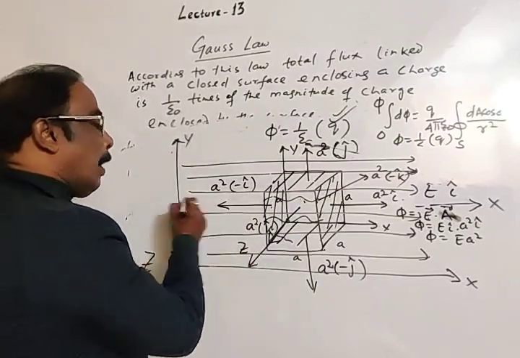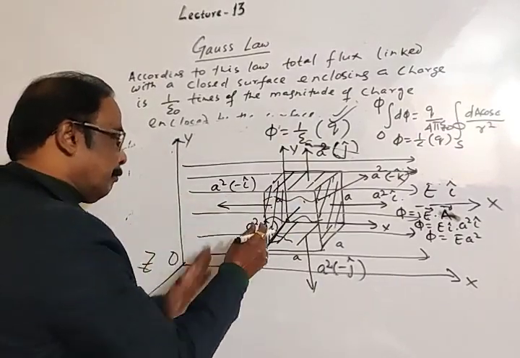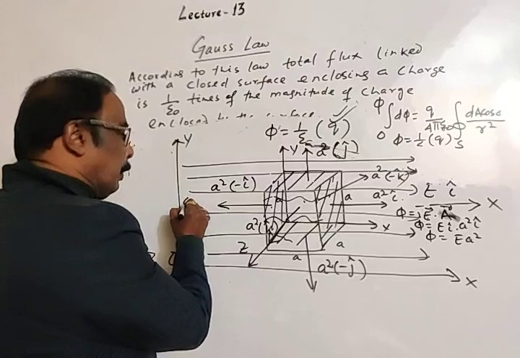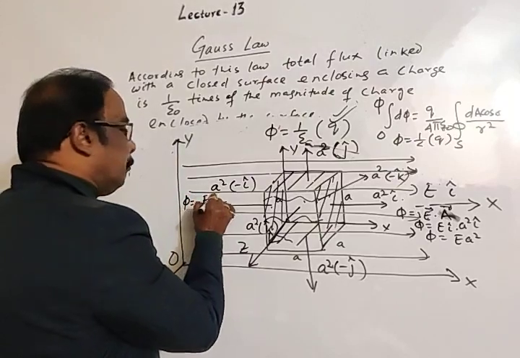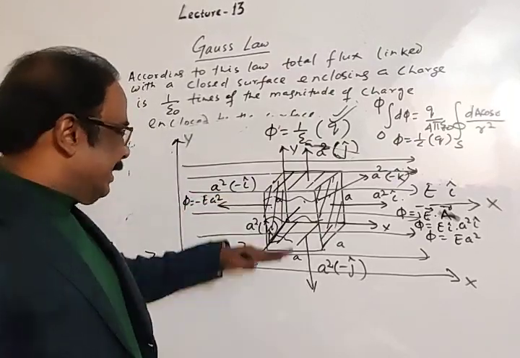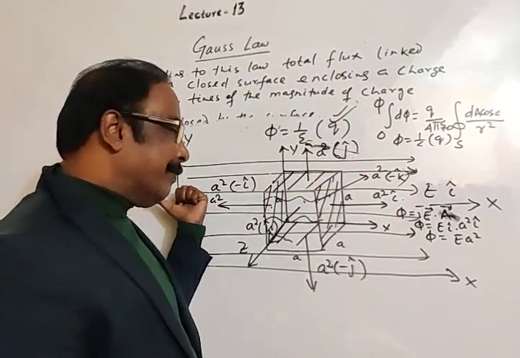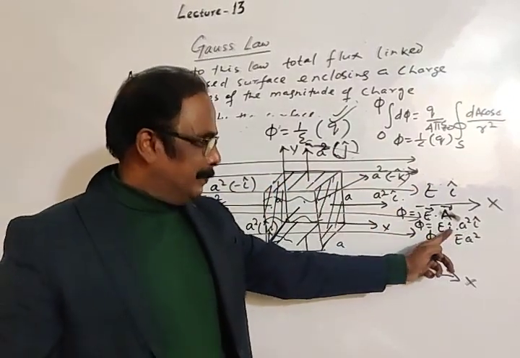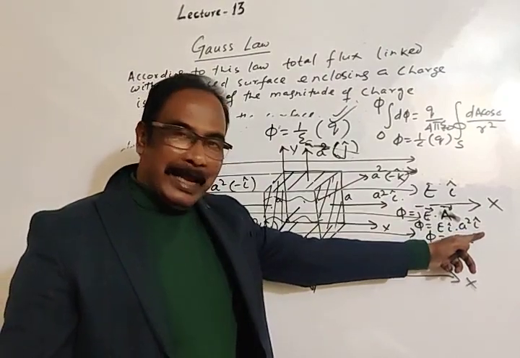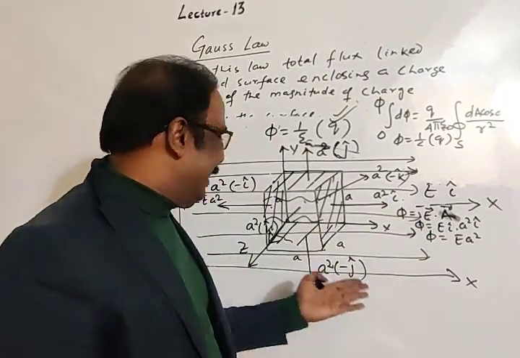Then flux from this surface, the total flux will obviously be minus E A square, since electric field is along x-axis and area vector along negative x-axis. So i cap and minus i cap means angle is 180 degree.